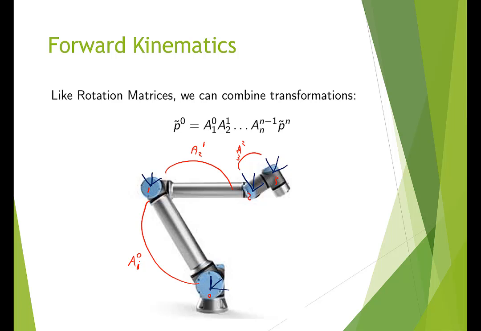And finding the homogeneous transformations for every frame, we can find the position of the robot end effector in our global fixed frame.